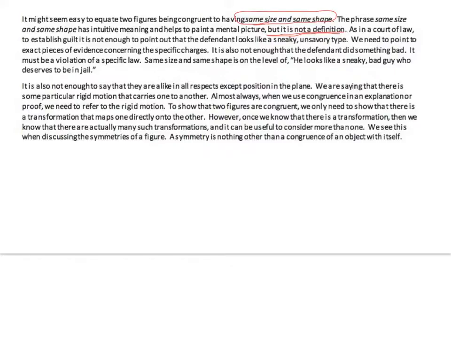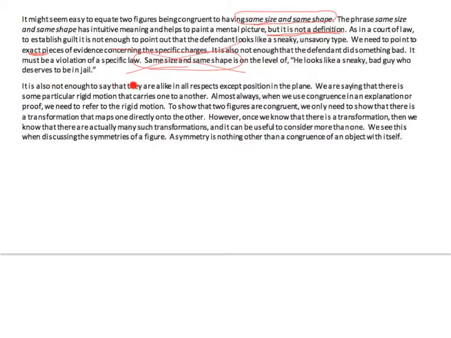We need to point to exact pieces of evidence concerning the specific charges. It's also not enough that the defendant did something bad. It must be a violation of a specific law. Same size and same shape is on level of he looks like a sneaky bad guy who deserves to be in jail. So that's why just saying same size and same shape is not really how we're going to define congruence. It's a good starting place, but not a good finishing place.